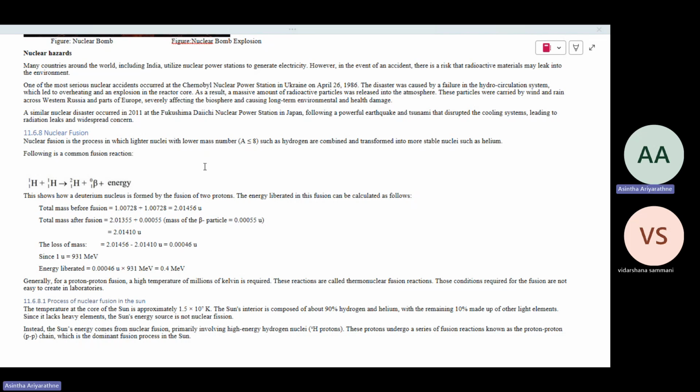In a nuclear fusion reaction, two lightweight nuclei are bound together and form a somewhat heavier nucleus.